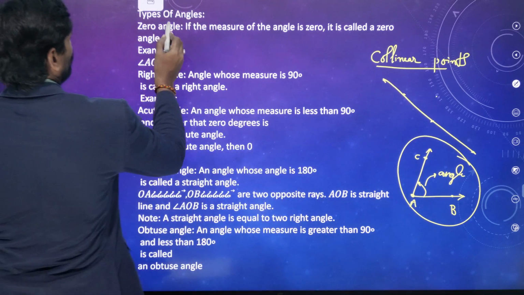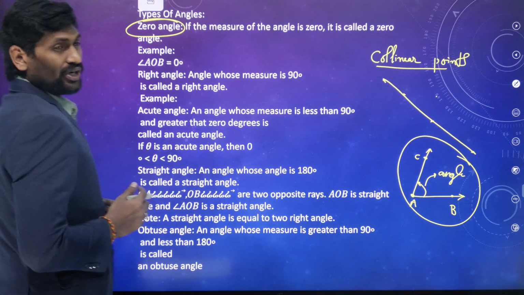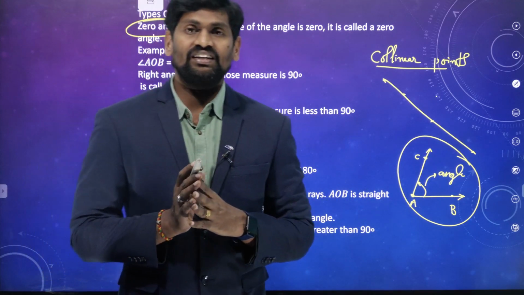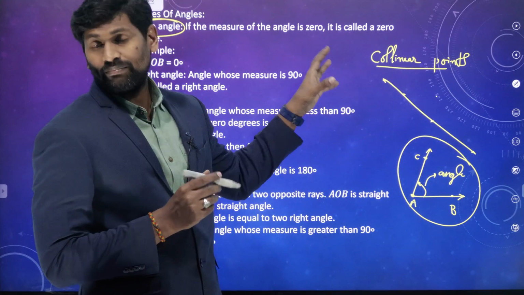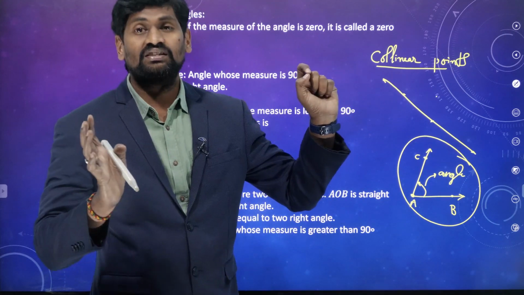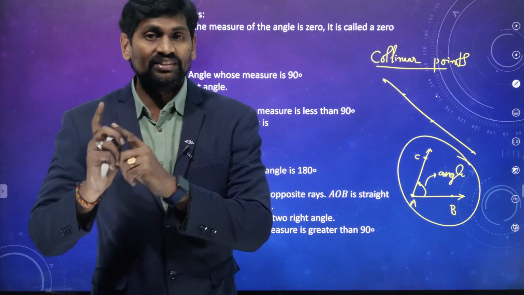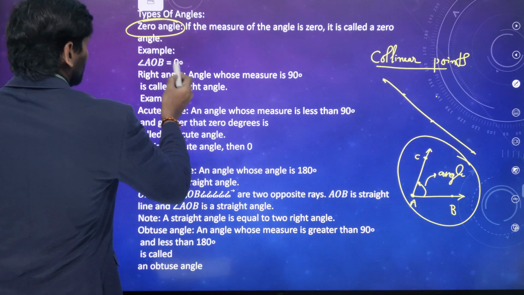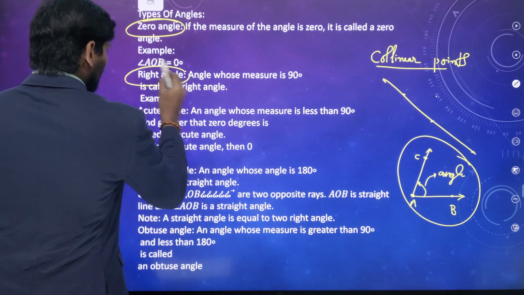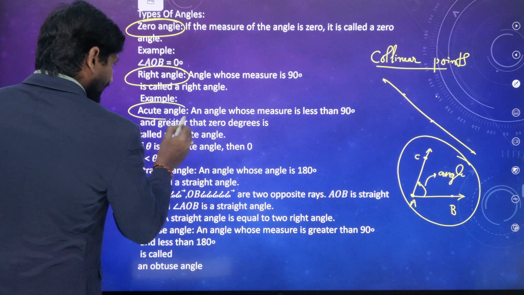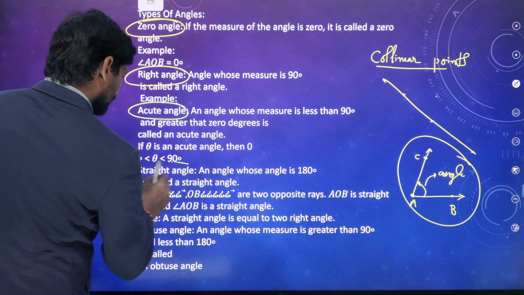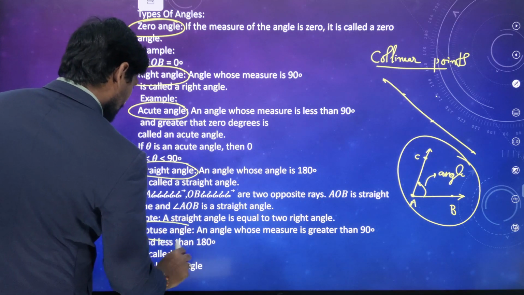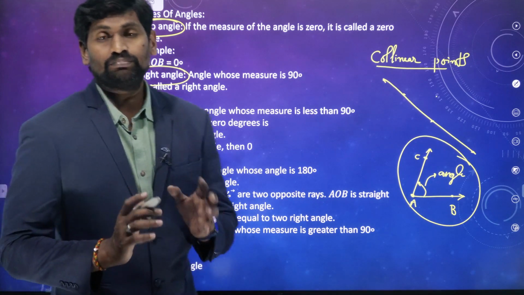While you are observing angles, we have some different types of angles. First, the zero angle. A zero angle is an angle whose measure is 0 degrees. Now there are types of angles like right angle, acute angle, straight angle, obtuse angle, reflex angle and complete angle.